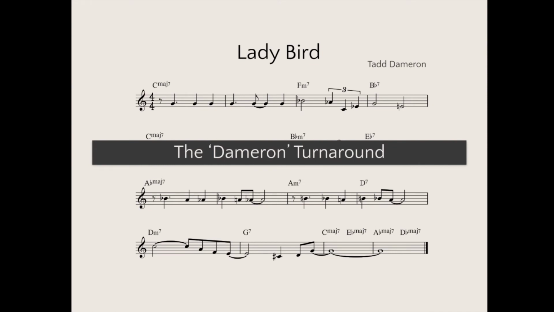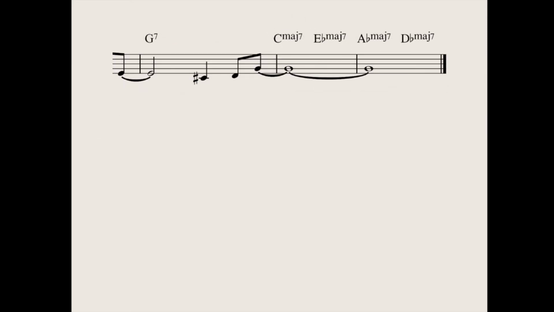Let's look at the Dameron turnaround, so cool because of the last two bars of this tune, Ladybird. Let's take a closer look. The last two bars are known as the Dameron turnaround, which is a slight deviation on the normal tritone substitution and dominant sequences. Let's have a look at some great animations.